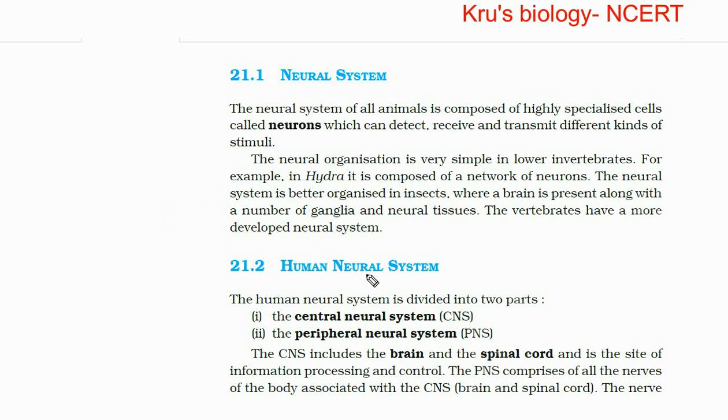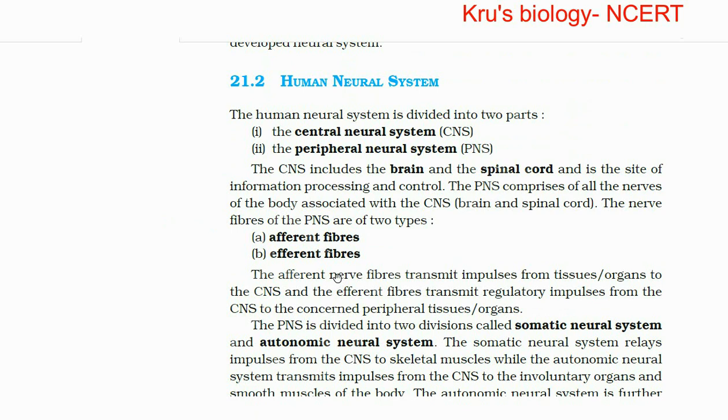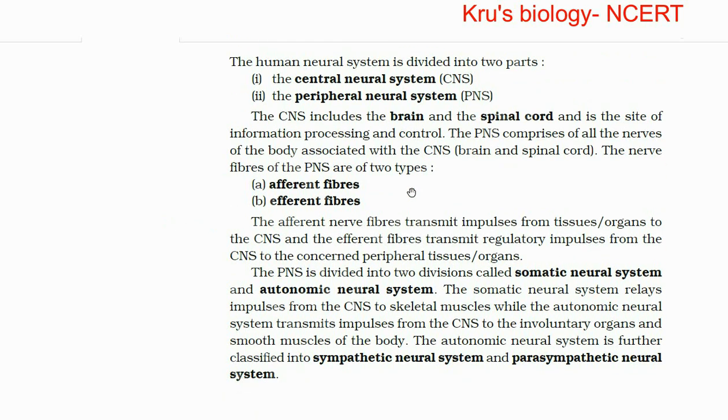Now we will study the human neural system. There are two parts of this neural system. The first one is the central nervous system, and the second one is the peripheral nervous system, right? These two constitute the human neural system.